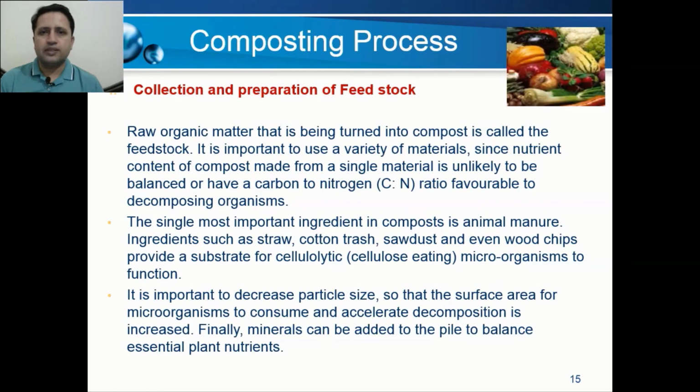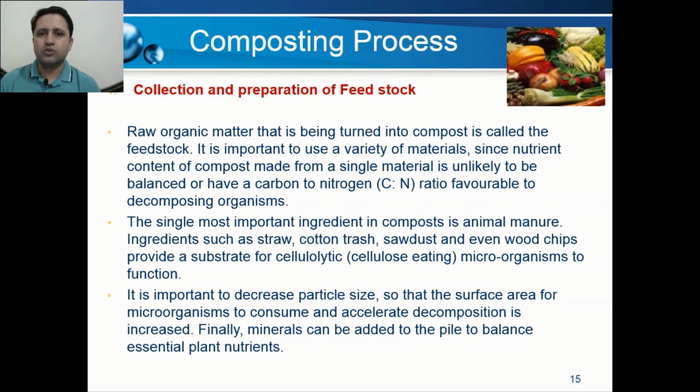Now we have to discuss the composting process, how we can make compost. The first step is the collection and preparation of the feedstock. Raw organic matter that is being turned into compost is called the feedstock. It is important to use a variety of materials, since the nutrient content of compost made from a single material is unlikely to have a carbon to nitrogen ratio favorable to the decomposing organisms.